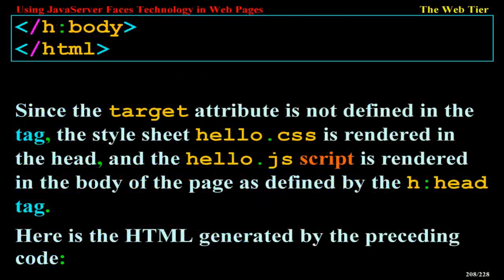Since the target attribute is not defined in the tag, the style sheet hello.css is rendered in the head, and the hello.js script is rendered in the body of the page as defined by the h:head tag. Here is the HTML generated by the preceding code.